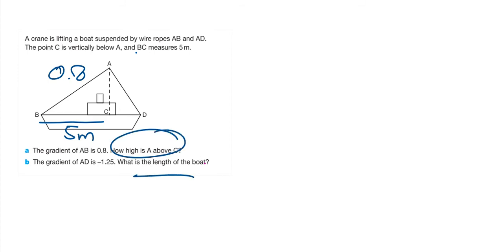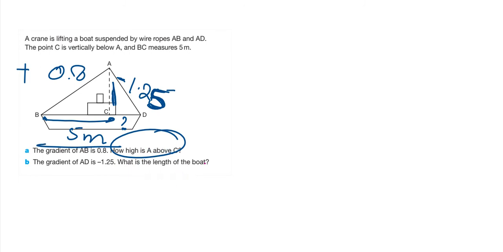We have to find out this length. The AD gradient is also given, and you can see that it's negative, so it's a descending gradient. Sorry, I mistakenly wrote this whole as the BD length as 5 meters, but it's the BC length from the start. This starts from here, ends up here, 5 meters. So we have to find this one and calculate this whole to work out the length of the board.